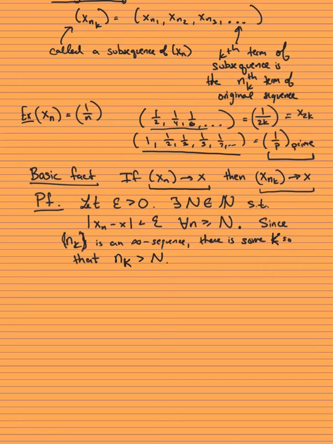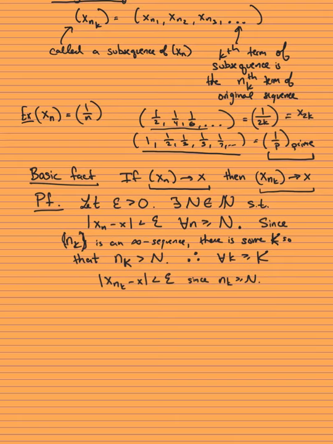So in particular, all of the terms after that are also bigger than N. So therefore, for k greater than or equal to K, |x sub n sub k minus x| is less than epsilon, since n sub k is greater than N.